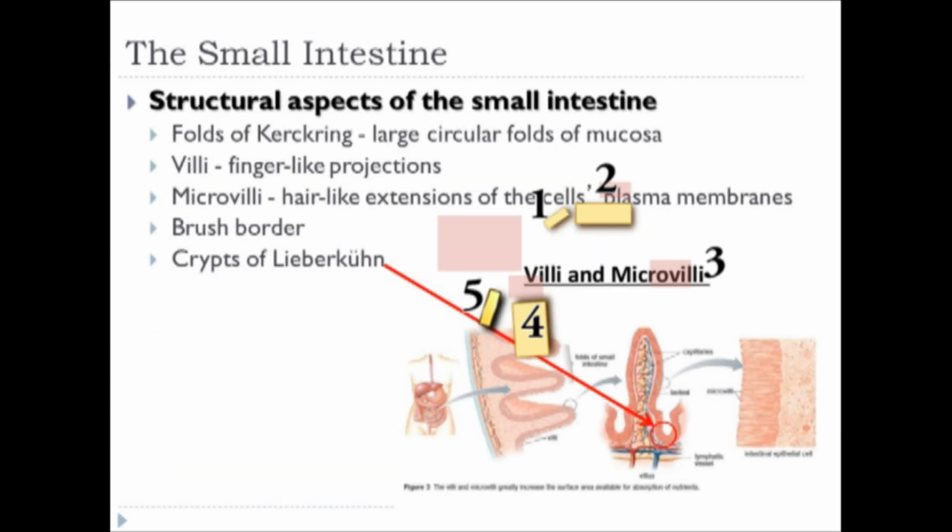Once the chyme enters the intestine, it'll encounter large circular folds of the mucosa called the folds of Kerckring. The folds are covered with finger-like projections called villi. In between each villus are the crypts of Lieberkühn.